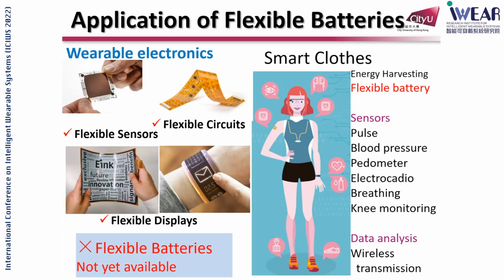It also works. But in the future, for example, if we have smart clothes with a lot of sensors equipped, data analysis, wireless transmission, and probably also energy harvesting, you have a battery component for smart clothes.